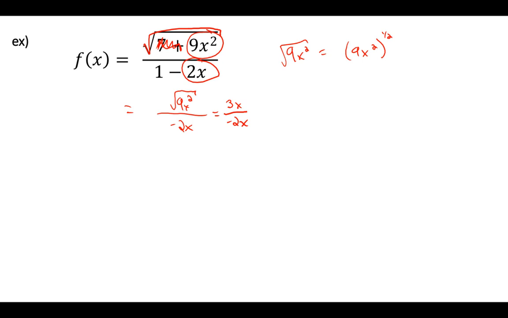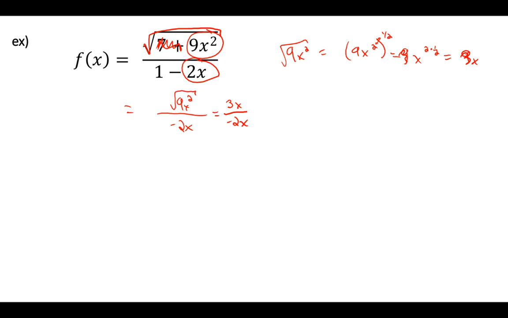And then when you do it to a power, you multiply them. So it's 9x squared times 1/2, which is 9x. Sorry, that should be the square root of that too. So it'd be 3x to the first power. Gonna remember those exponent rules from back in the day.